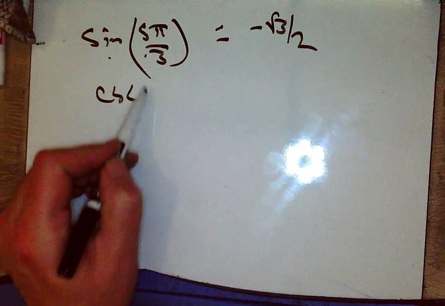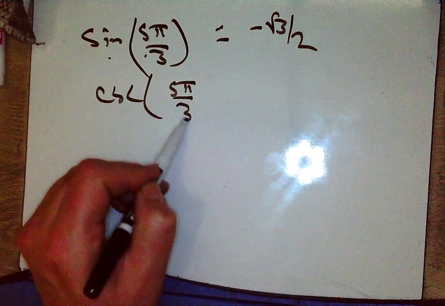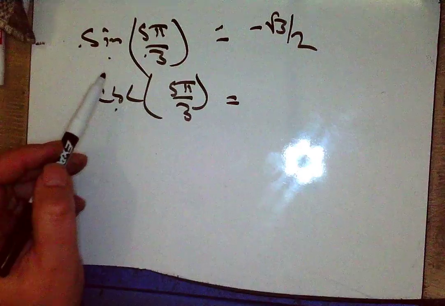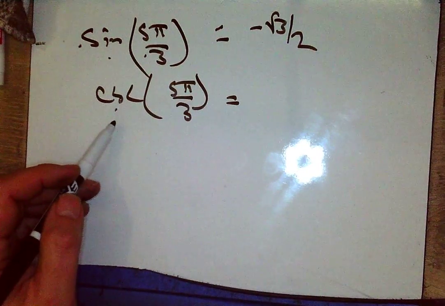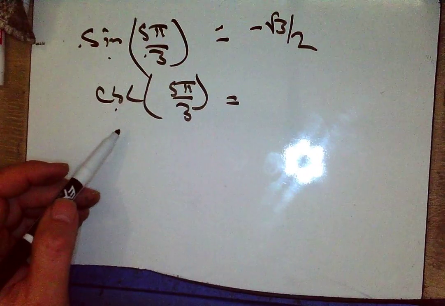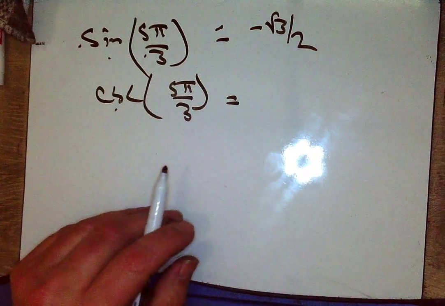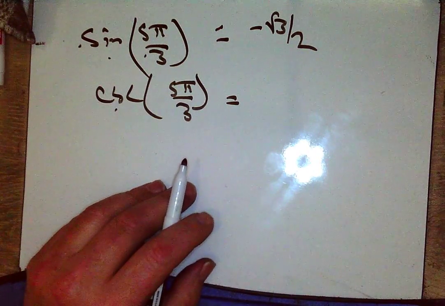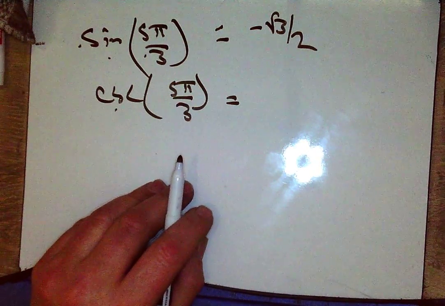What about the cosecant of 5 pi over 3? Well, cosecant is the reciprocal of sine. Look, I know you want this to be the reciprocal of secant, because this is cosecant, just like you want cosine to be the reciprocal of sine. No, sorry, those aren't reciprocal functions.